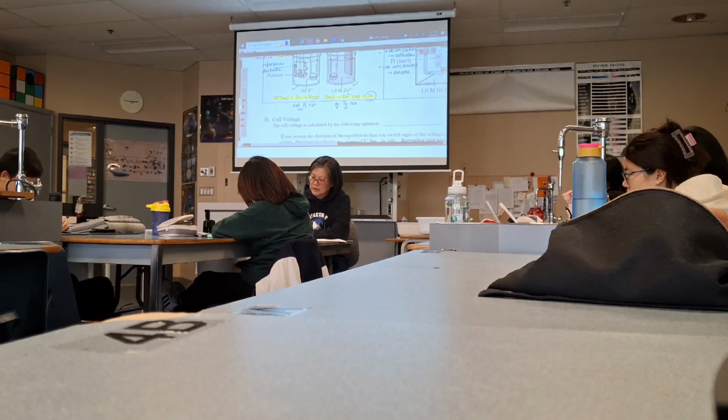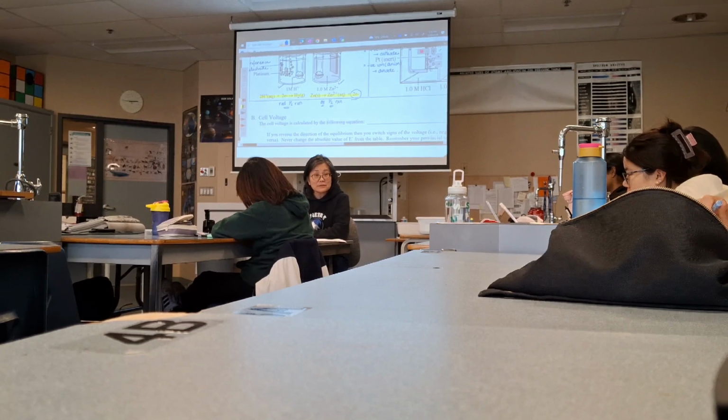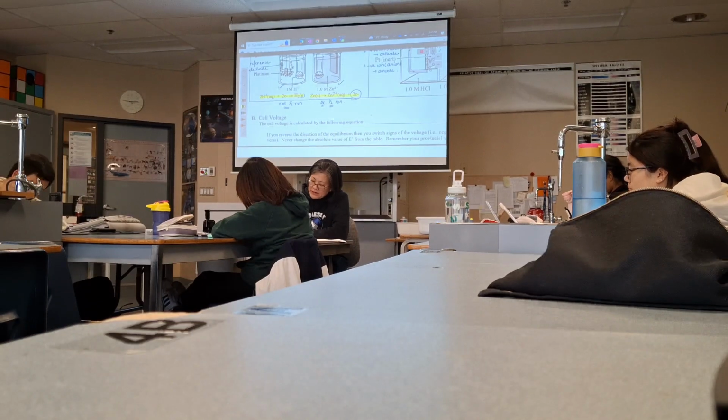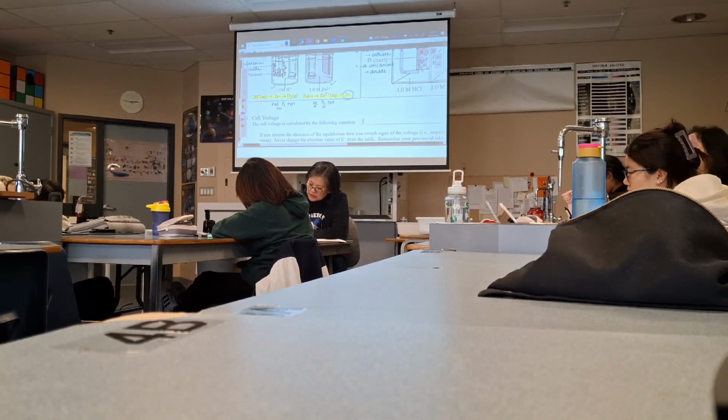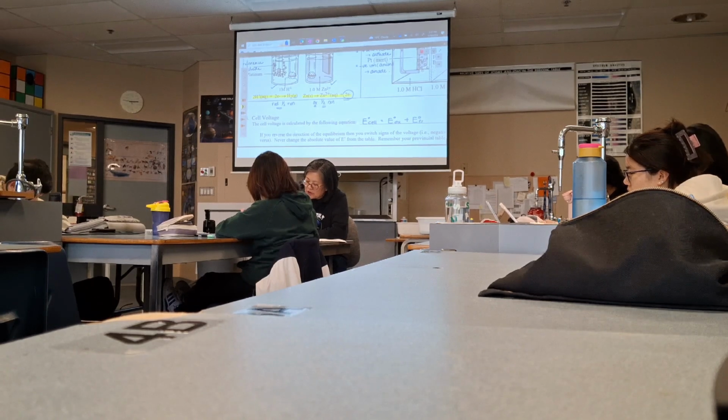Okay, now let's fill in a few more blanks and you will continue to be confused. The cell voltage is calculated by the following equation: E naught cell is equal to E naught oxidation plus E naught reduction.